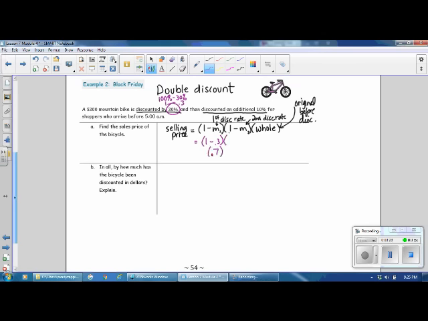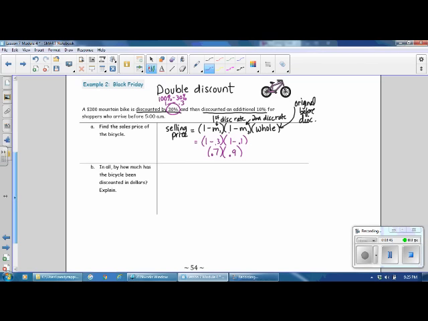And then the second one is 1 minus 10%, which is 0.10, and that's going to give us 0.9. So altogether, 0.7 times 0.9 is 0.63.